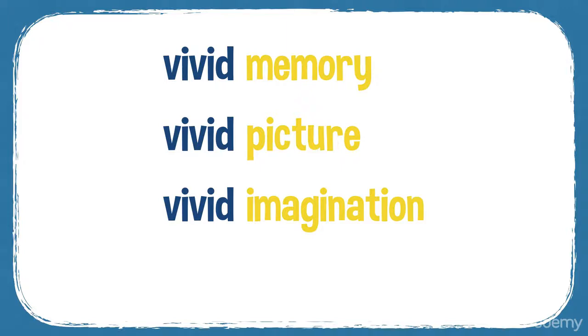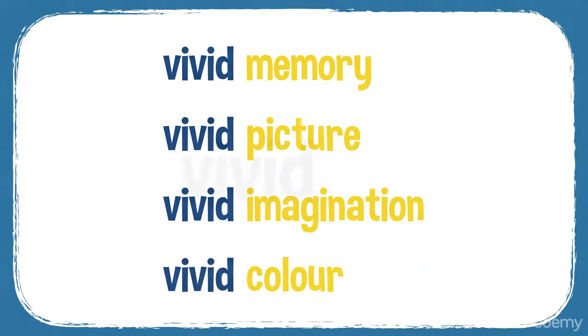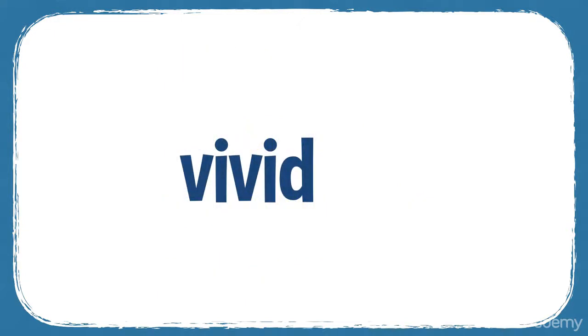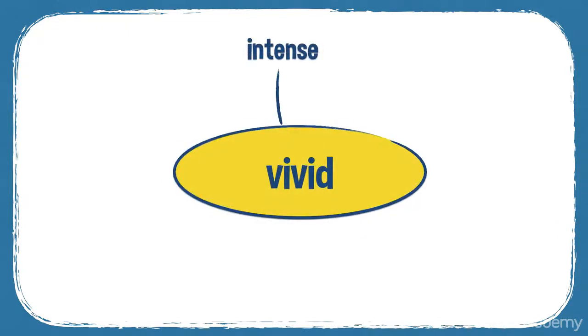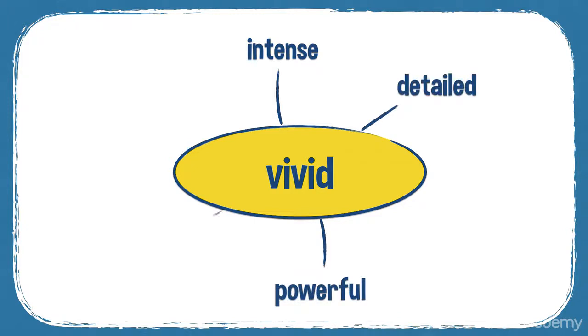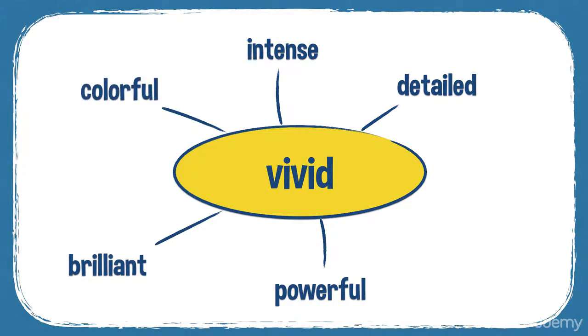Children often have vivid imaginations. A vivid colour. You can turn that into an adverb: vividly. And some synonyms for vivid: intense, powerful, detailed, brilliant, colourful, and memorable as well.